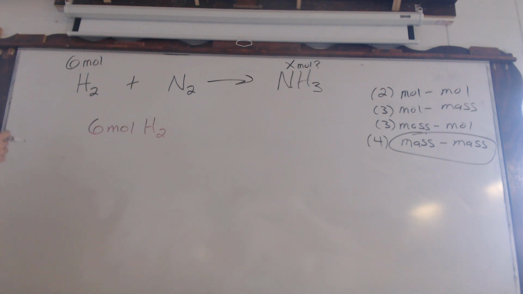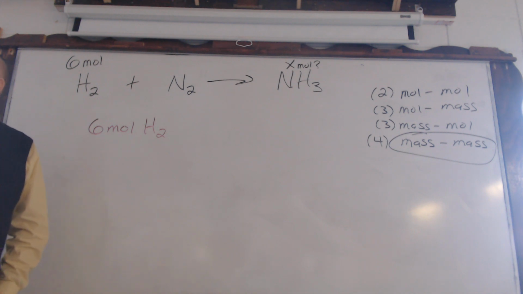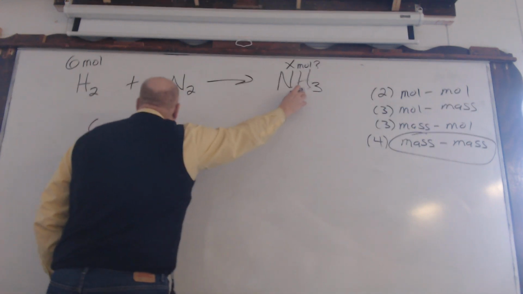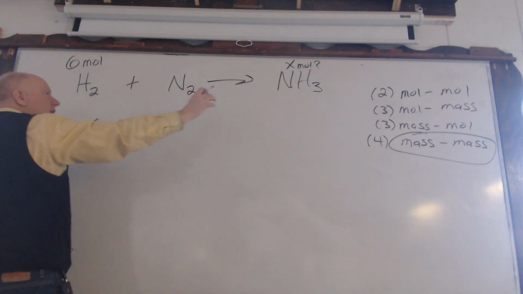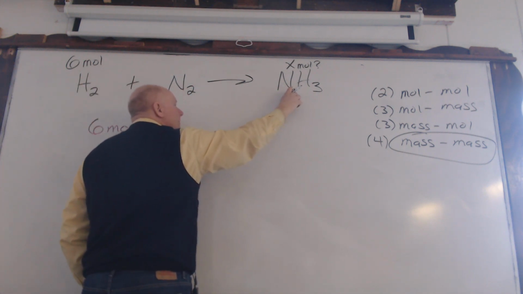There's one thing that I got a little ahead of myself on that we should do first. With a chemical reaction, you should always do what first? You should always balance it first. These are odd and these are even, so we have to get this up to an even number. How would we do that?